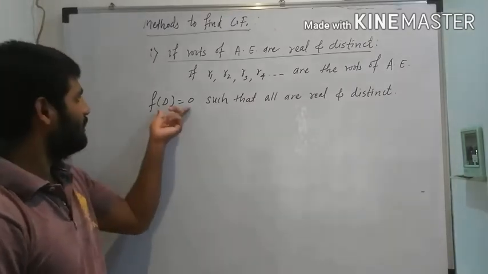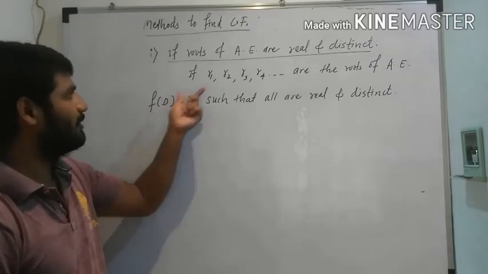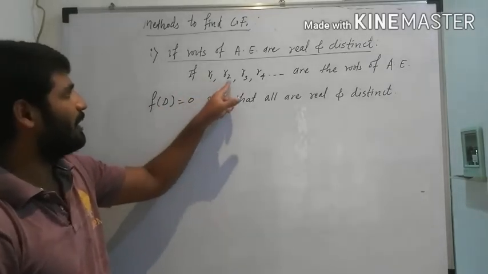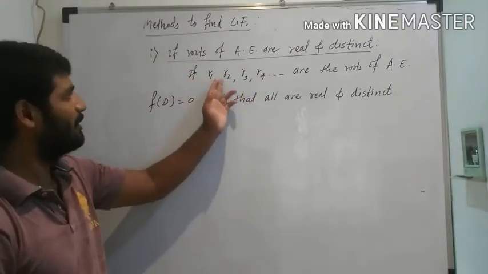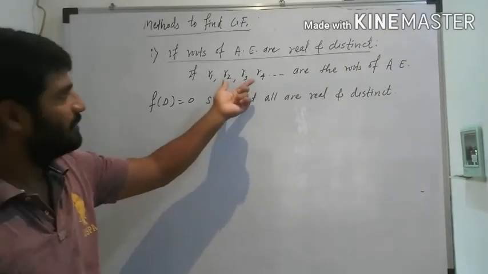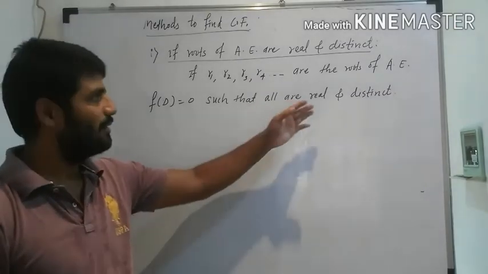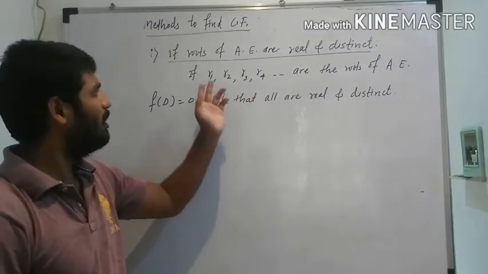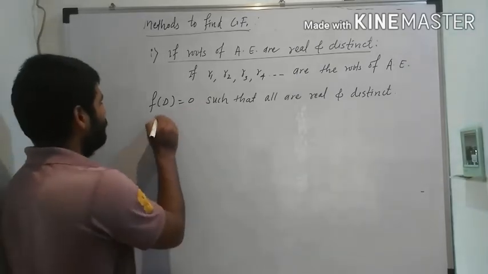So if we solve f of D equal to 0 and find the roots r1, r2, r3, r4, r5 like that, we have to observe these roots and decide which are real and which are distinct. If we get all the roots real and distinct, then see how to write the complementary function.